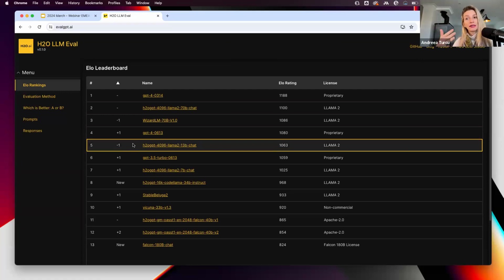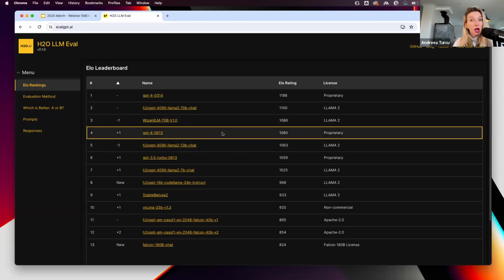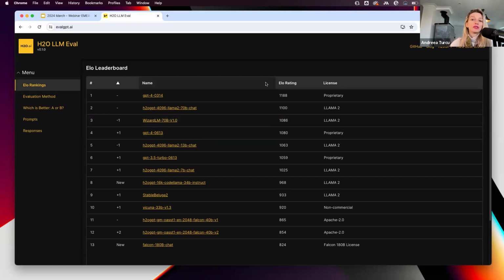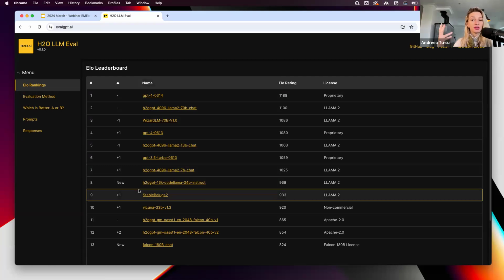For the more tech-savvy, the final score for each model is the median ELO score from 100 bootstrap rounds. And so in H2O's evaluation process, GPT-4 scores responses from the models based on task understanding and detailed reasoning, and this ensures a systematic and structured assessment.